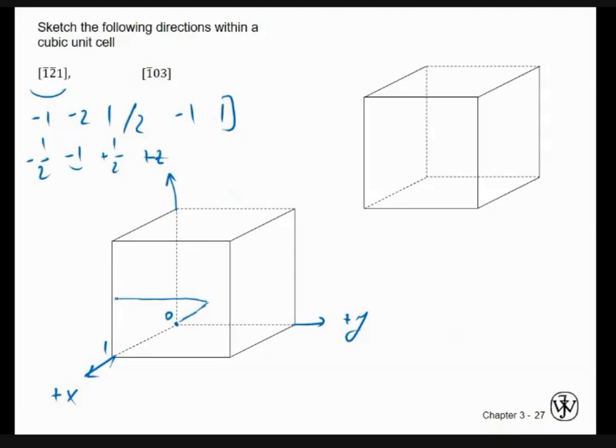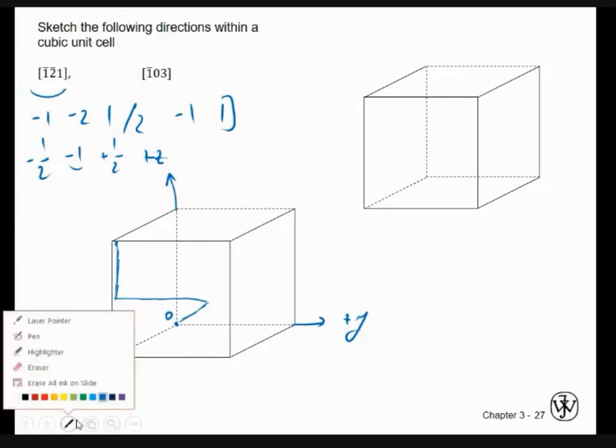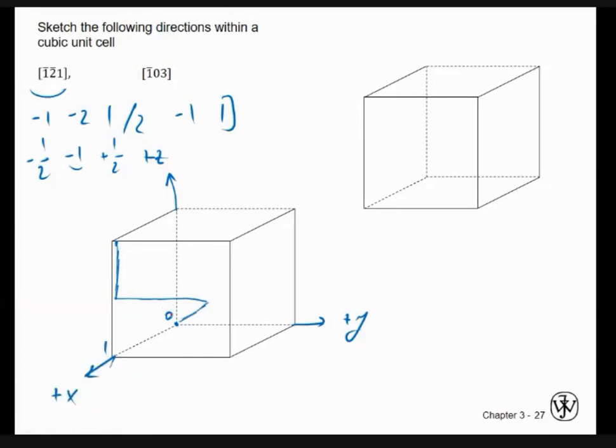Now I am here. This time I need to move 0.5 in the positive Z direction. I guess this will be enough. And connect start with end point. It will start at the origin, and that's the end point. That is the direction for these Miller indices.